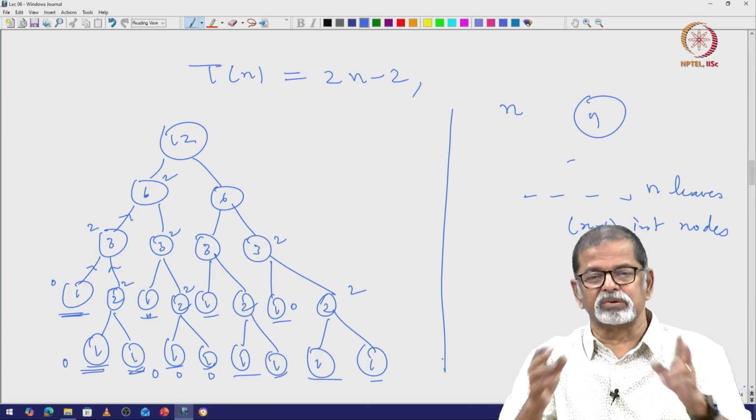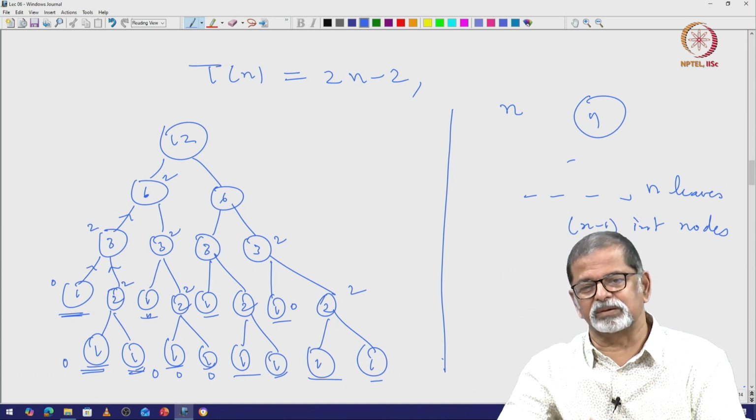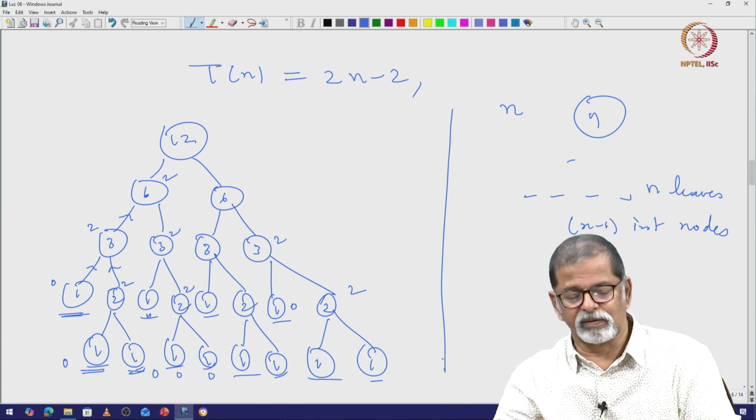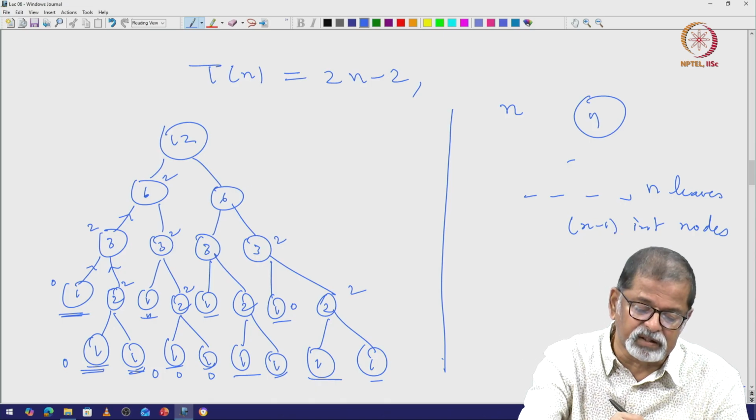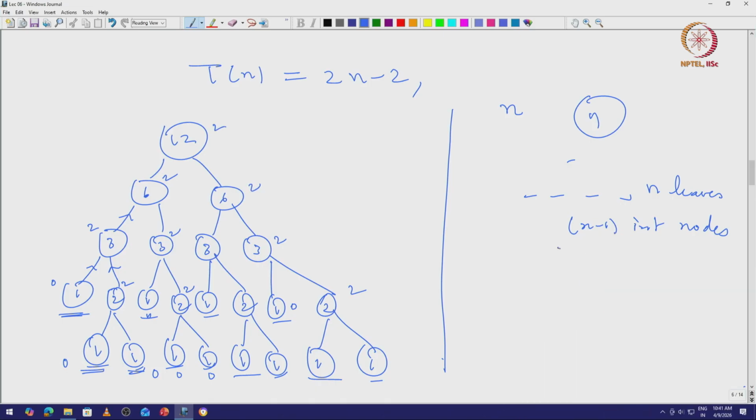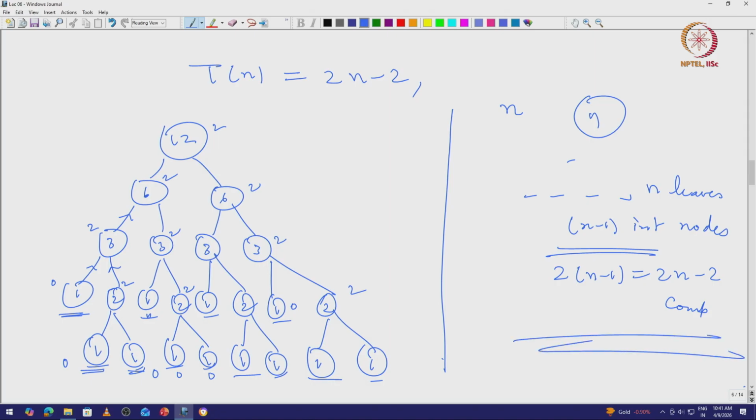At an internal node you do 2 comparisons and then return the value. So there are n minus 1 internal nodes, 2 into n minus 1. In fact, this is the reason why our algorithm is taking 2n minus 2 comparisons.